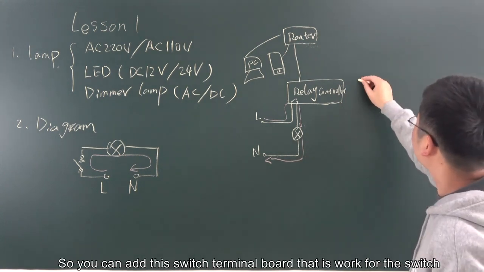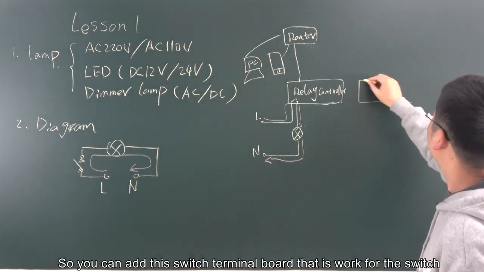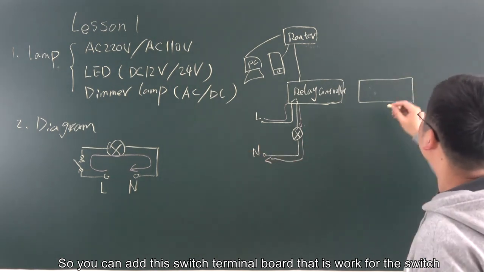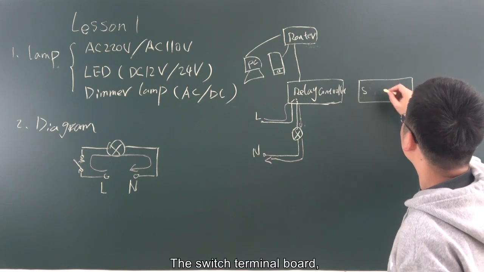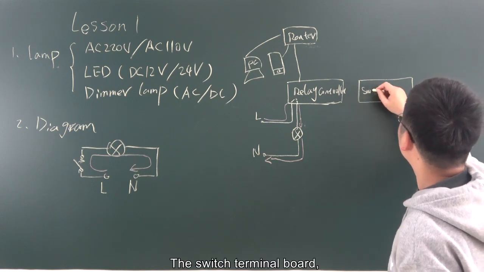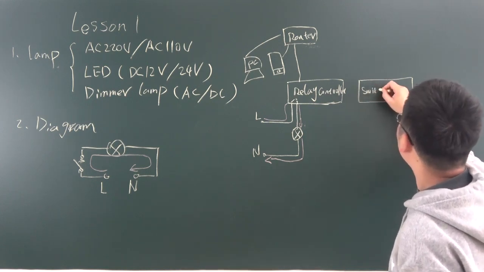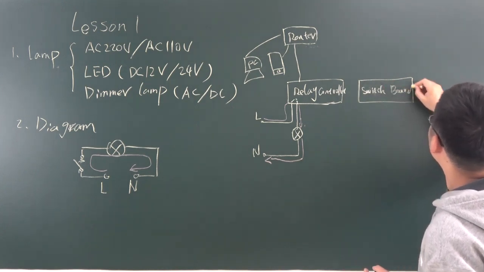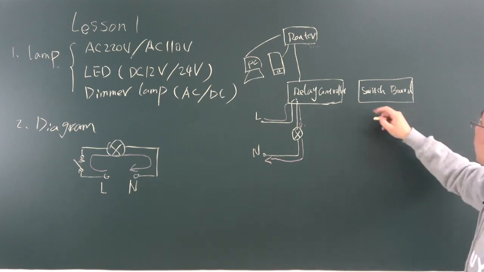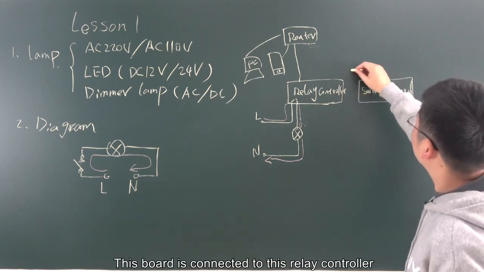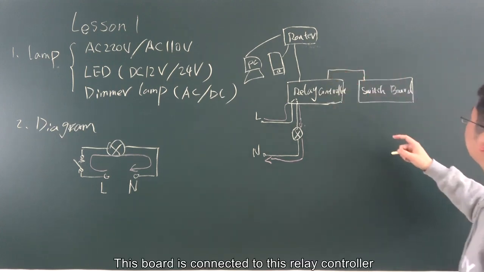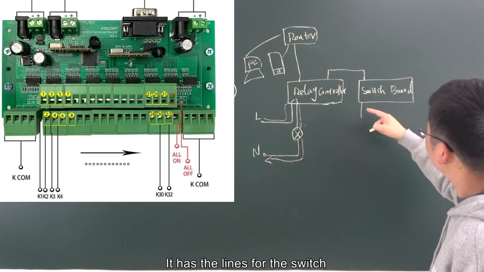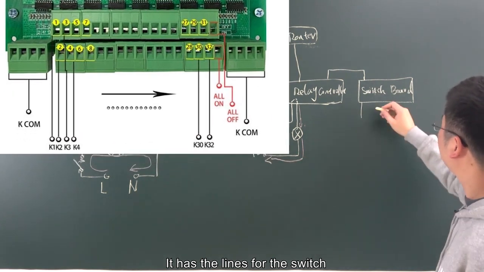So you can add a switch terminal board. This board is connected to this relay controller, and it has the lines for the switches.